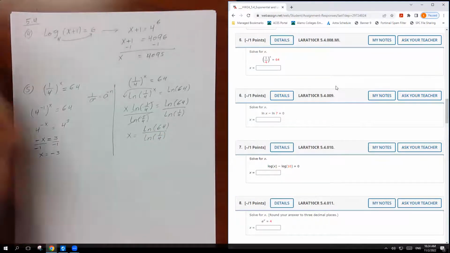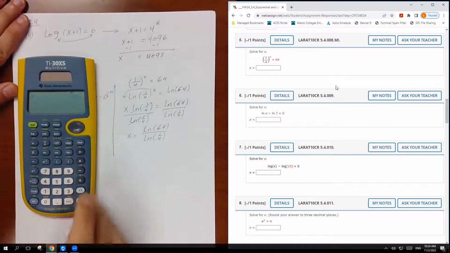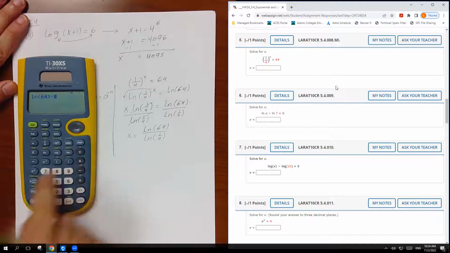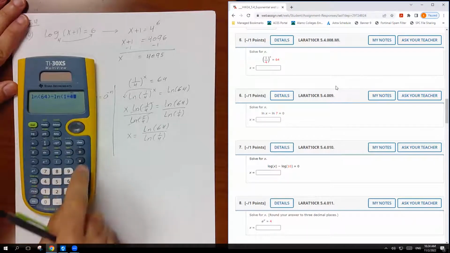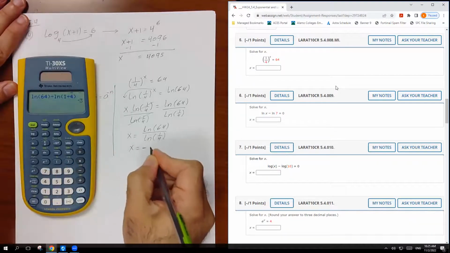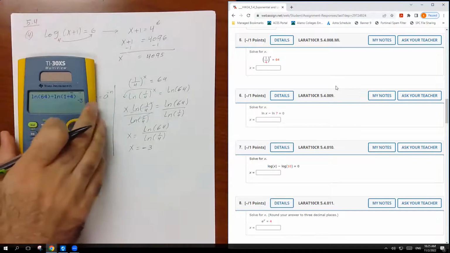So let's check that. Be careful here: ln 64, close the parentheses, divide by ln of 1 divided by 4. It is going to be x equals negative 3. Both ways are going to be right.